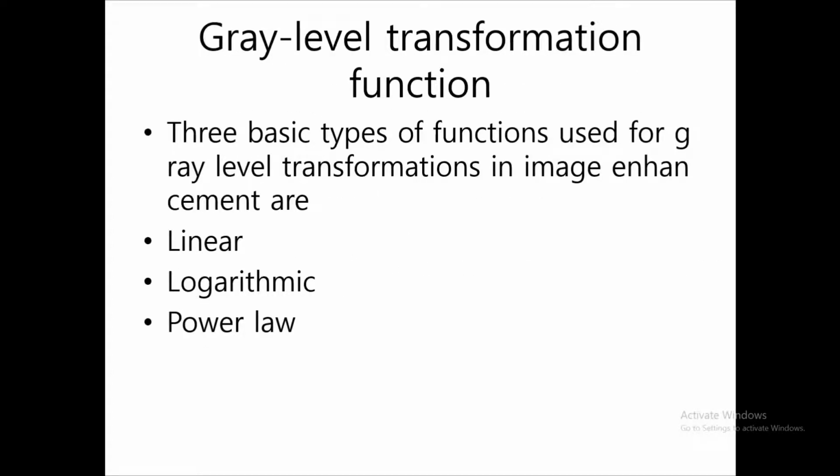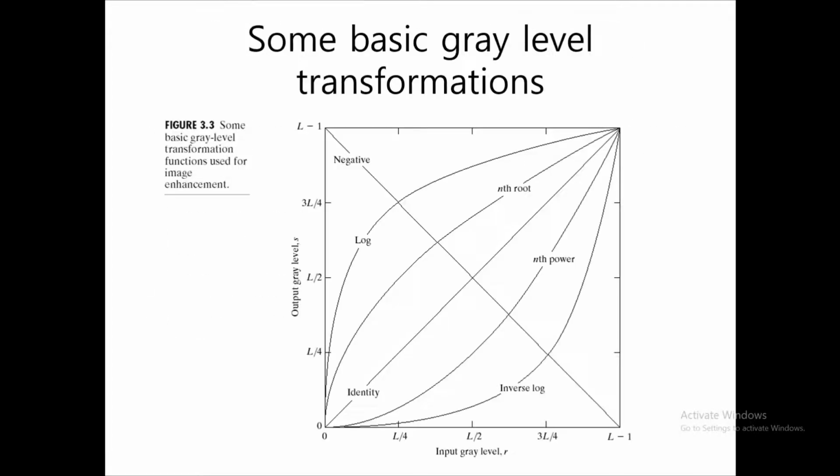And there are three basic types of functions used for gray level transformation in image enhancement: linear, logarithmic, and power law. This graph shows the different gray level transformations.